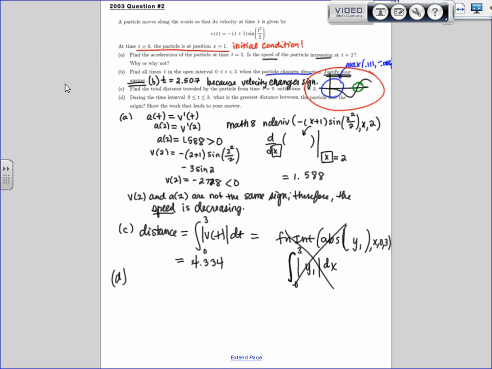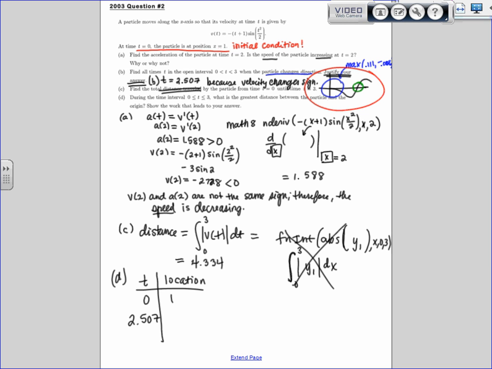So at 1. I want you to make a little chart, and I want you to say at time 0, we're at location. Maybe I'll write location or distance or something. I'm at location 1. Okay, and the point that mattered was this point right here that we found in B, 2.507.